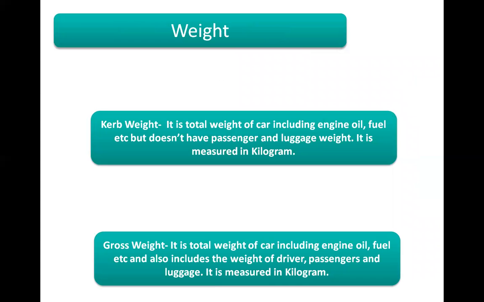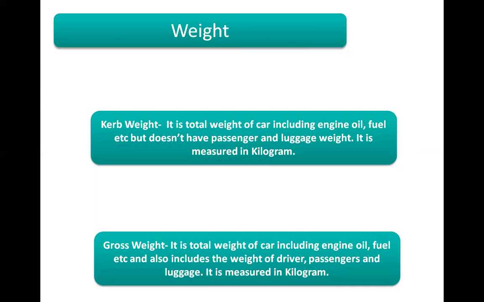What is weight? Now the weight is identified in two types. What is curb weight in automobile engineering? There are two things, that is curb weight and the gross weight. Curb weight is the total weight of the car including engine oil, fuel, etc., but doesn't include passenger and luggage weight.